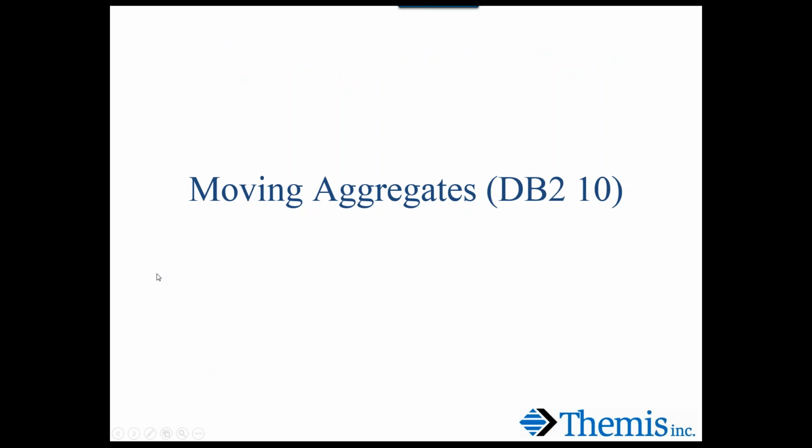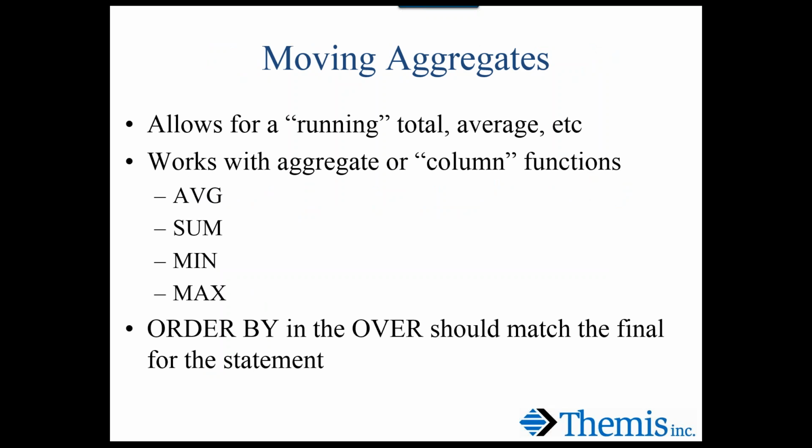All right, version 10, here's a version 10 feature, moving aggregates. This has to do with applying the same stuff in that over clause that we just saw in the OLAP functions to our traditional column functions. So the normal column, or what I used to sometimes call aggregate functions, average, sum, min, max, these are the ones that we're probably going to be using with these moving aggregates.